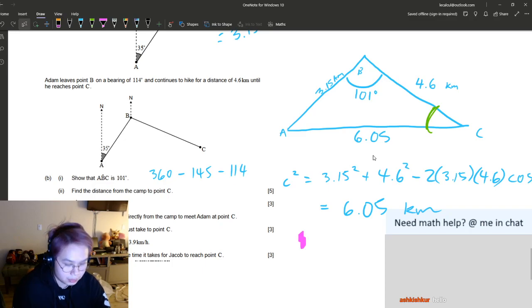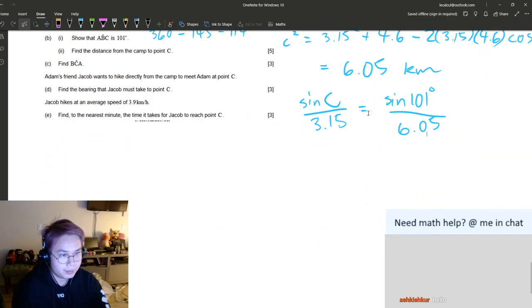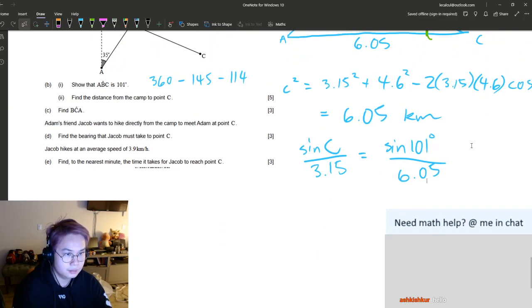So I'm going to take sine angle C. I'm just going to shorten it to C. Divide this by its corresponding side, 3.15. This is equal to sine 101 over 6.05. So to find angle C, well, I guess I'll change it back to BCA.